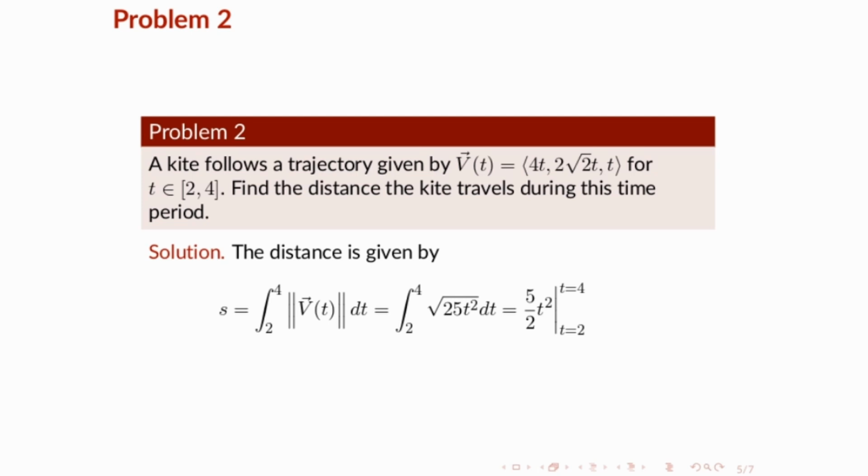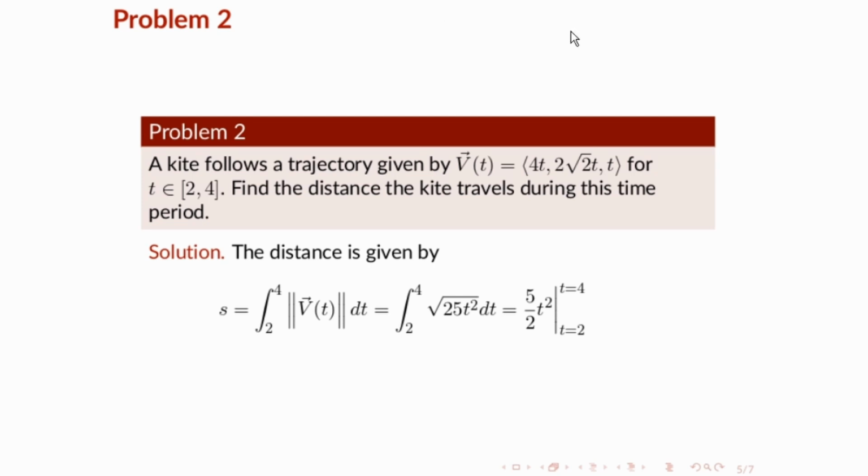All in all, that gives us the square root of 25t², which is just 5t. So we evaluate the integral of 5t from 2 to 4, and we get 5/2 t² from t equals 2 to t equals 4.